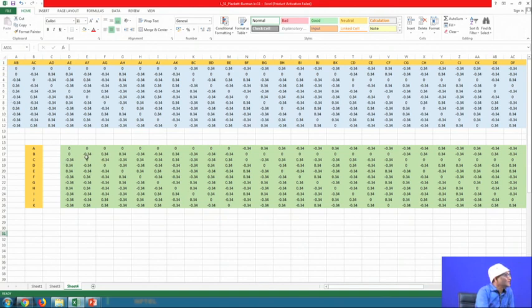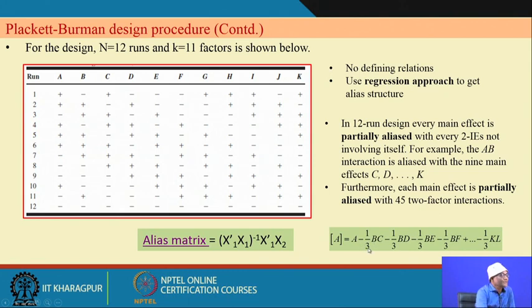Here you see that minus 0.34 means it is basically minus 1 by 3. So, this is the alias structure computed using regression. If you go back to the presentation, you see that A is aliased with minus 1 by 3 BC, where 1 by 3 we are saying 0.34, minus 1 by 3 BD, minus 1 by 3 BE, and like this.